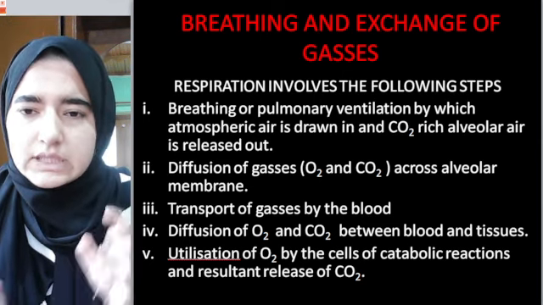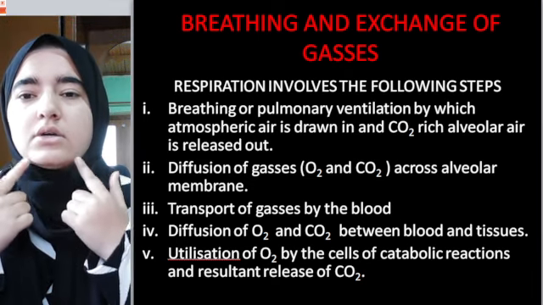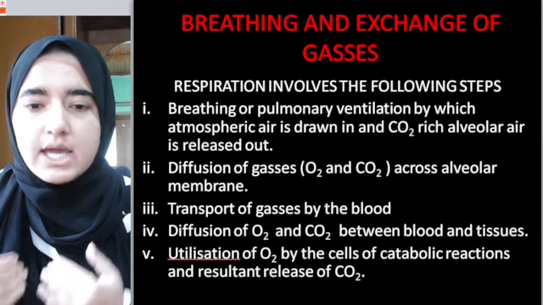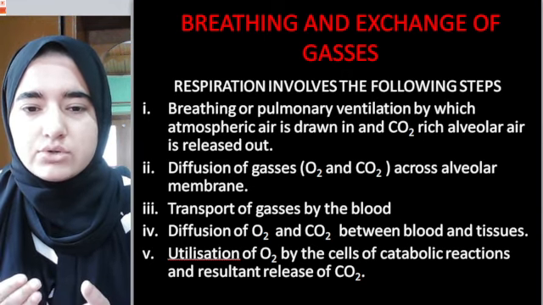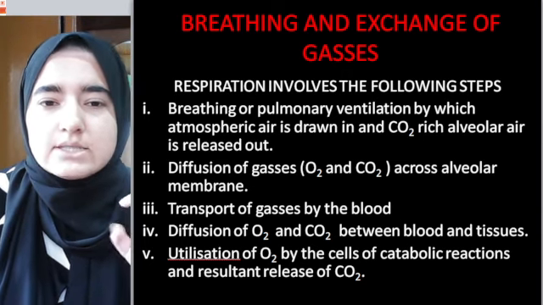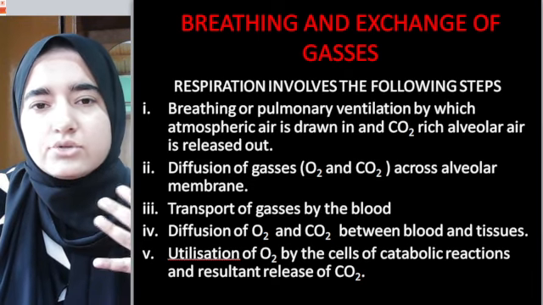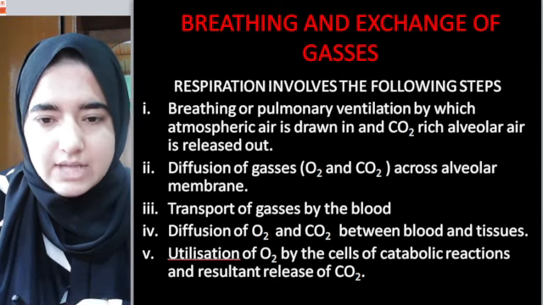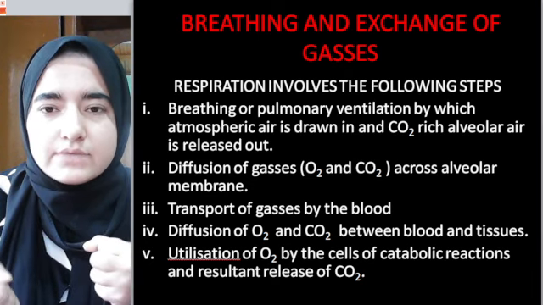Now, what will happen? Diffusion of gases, oxygen and CO2. Now air is carried by the conducting part up to the alveoli, and at the alveoli diffusion of gases, that means oxygen and CO2, takes place. Then this oxygen is transported by blood. Why by blood? Because oxygen needs to be diffused between blood and tissues, and then be consumed by cells for catabolic reactions.